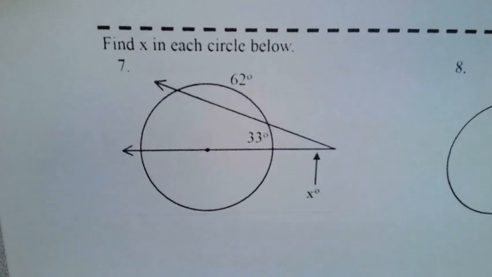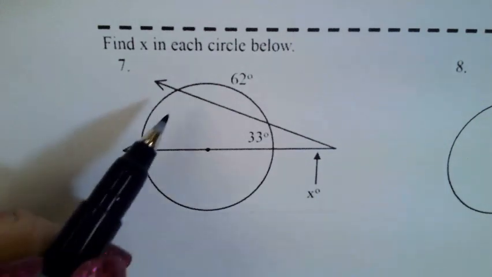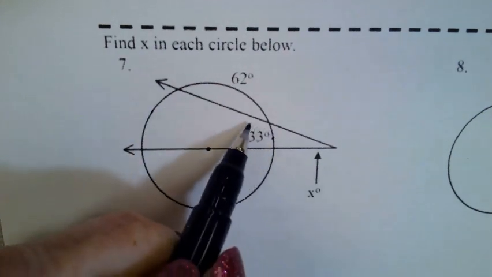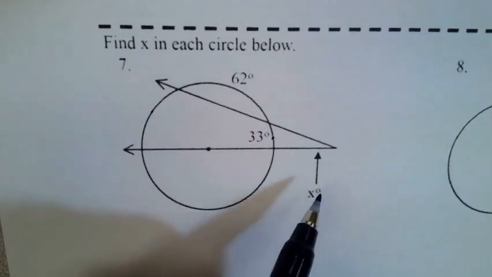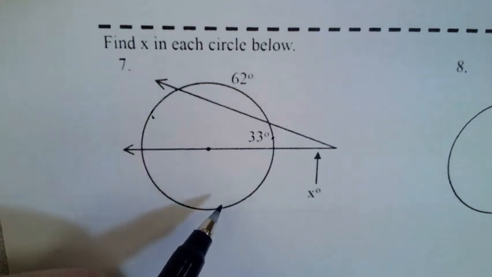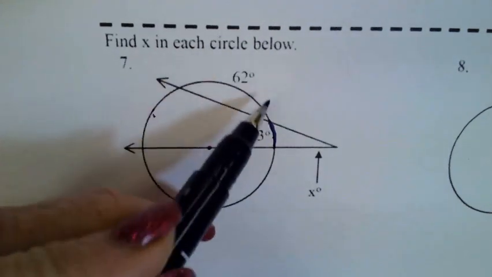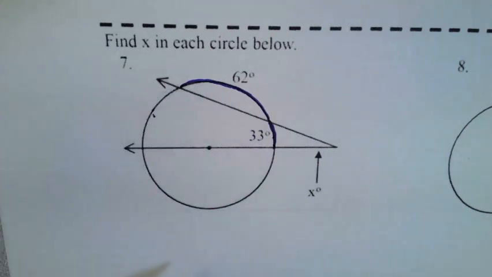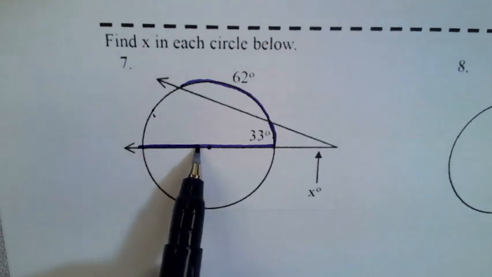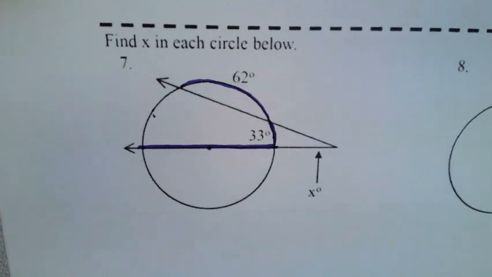This is an angle that's outside the circle. So the formula for that is going to be the larger arc minus the smaller arc divided by 2 equals x. But you notice we don't have a measurement right here. What we do have is this arc is 33, this arc is 62, and this is a diameter, which means if I add all 3 of these arcs, I get 180.